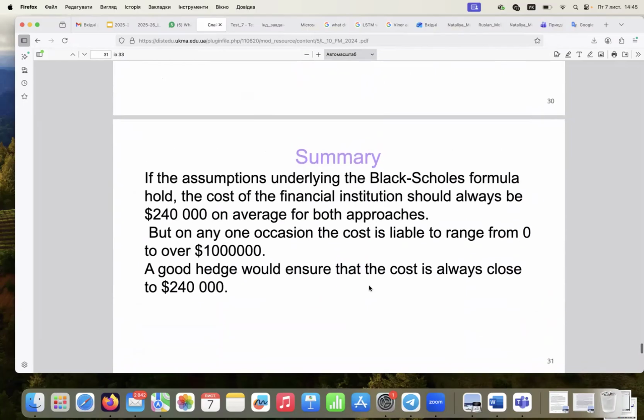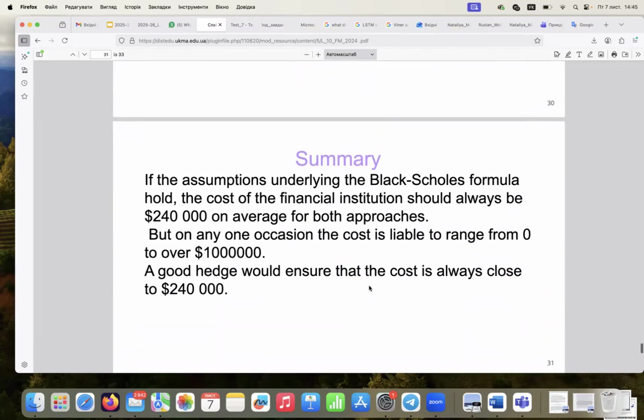And the summary: all this hedging strategy was considered from the point of view of the investor or financial institution, but you can consider it from the investor's point of view too.